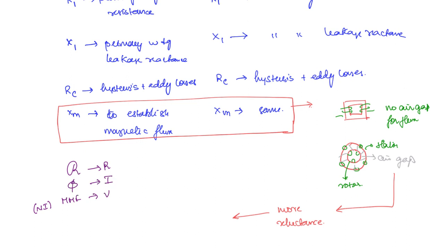That means in comparison to transformer and induction machine, same flux if you want to produce in an induction machine as you have produced in a transformer, then because of the more reluctance, it will require more MMF. Okay. So that means it draws higher magnetizing current.